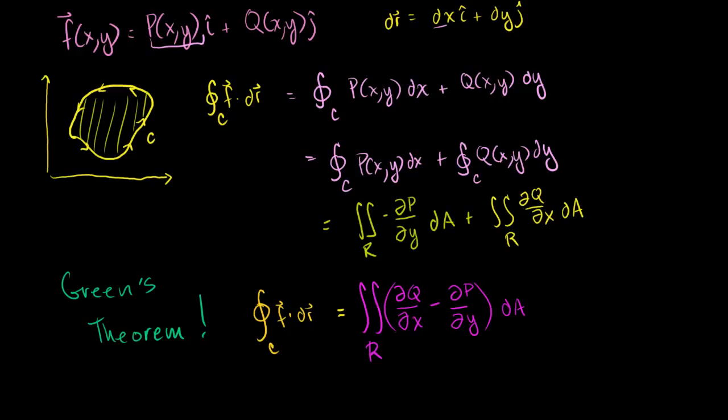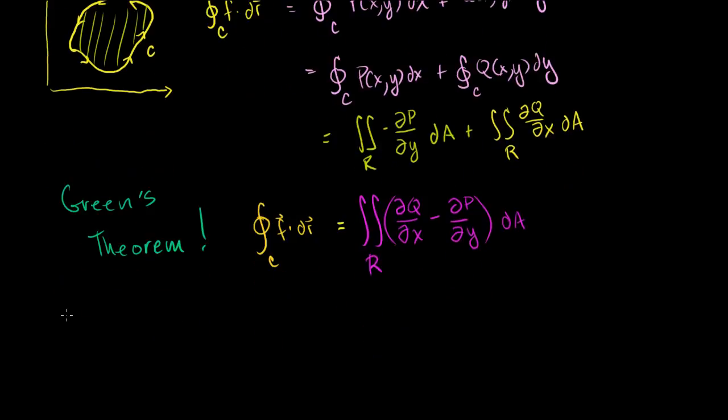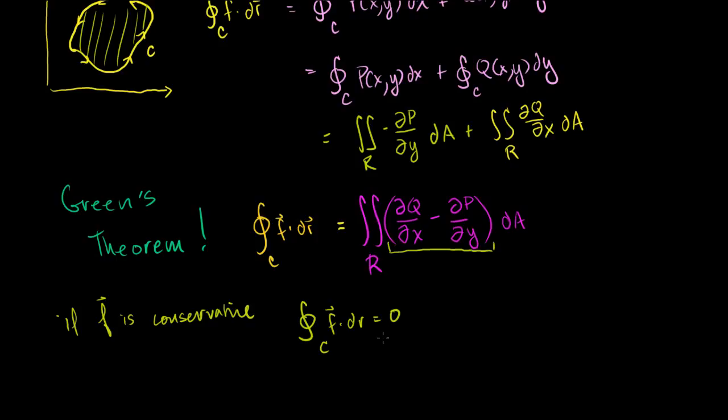Now, just as a little bit of a side note, we've seen in several videos before that if F is conservative, which means it's the gradient of some function, then it's path independent, and the closed integral around any path is equal to 0. And that's still true. So that tells us that if F is conservative, this thing right here must be equal to 0.